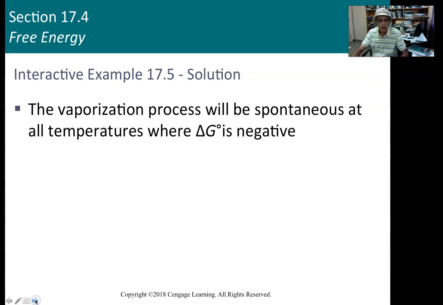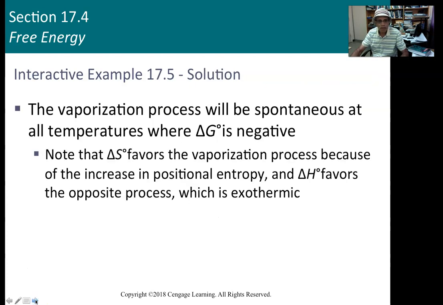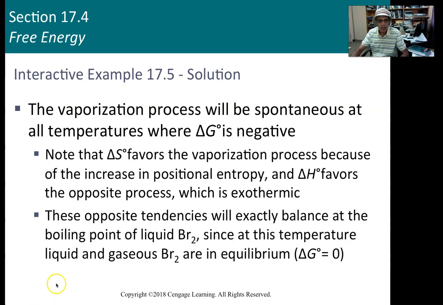Now let's go back. These two are in opposite action. So what we need to find out is where this opposite tendency will exactly balance, at the boiling point of bromine. So that's what we need to find.